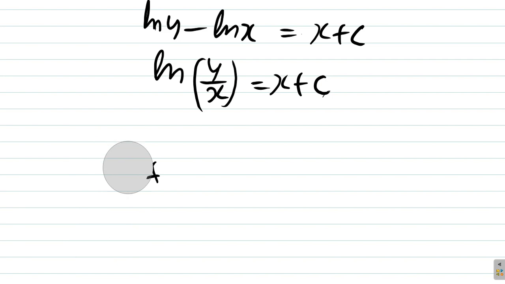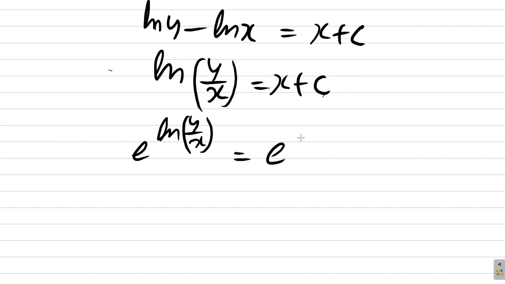The e to the power of and the ln cancel each other, leaving the number undisturbed. So e to the ln of y over x equals e to the x plus c. So y over x is equal to e to the x plus c.